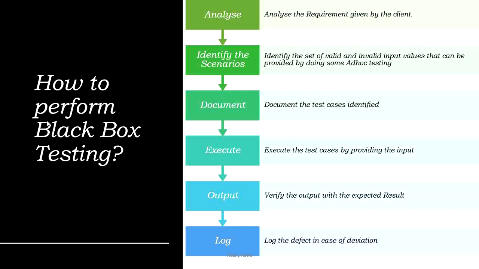While executing, you will get to know the valid and invalid inputs, and what exactly is matching with the expected result. If it is not matching with the expected result, then you will go and log a defect. Okay, so these are the steps we follow in the black box testing process.